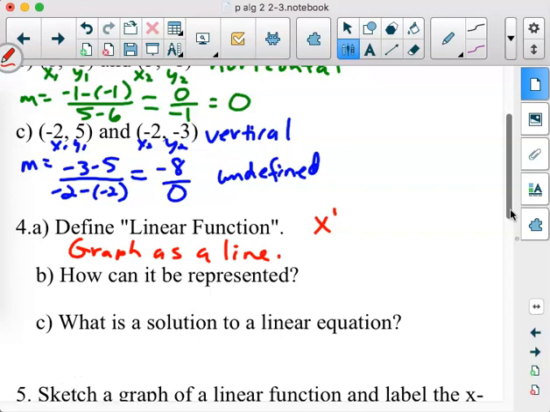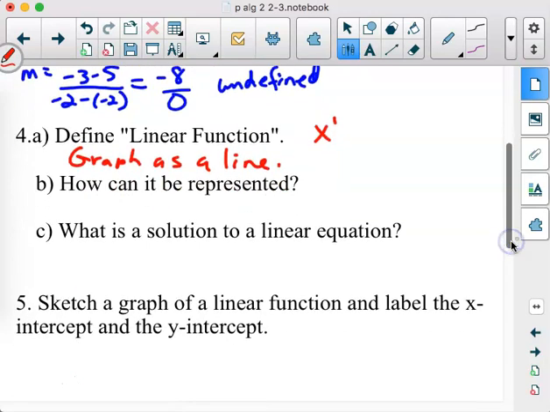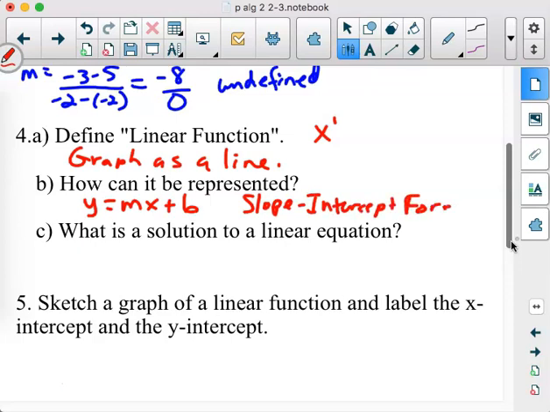Now it says, how can it be represented? Well, one of the first things that was remembered when we started talking about lines was this one, y equals mx plus b. That's the slope-intercept form. That's one way to represent a line. What is a solution to a linear equation?